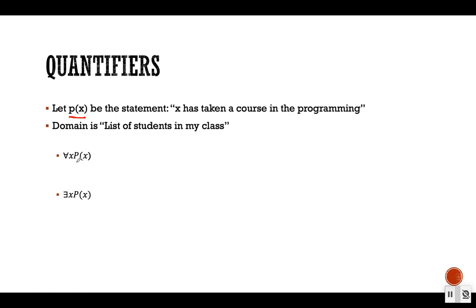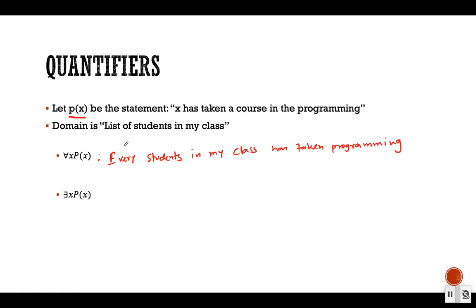This will be read as, for every student in my class, has taken a programming course. So it will be read as, every student in my class has taken programming.